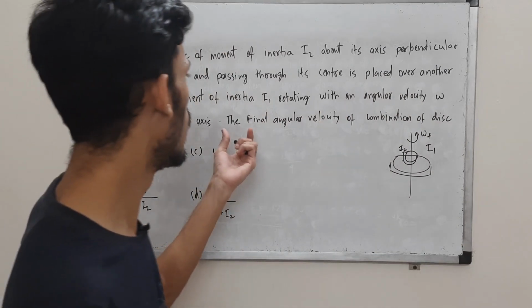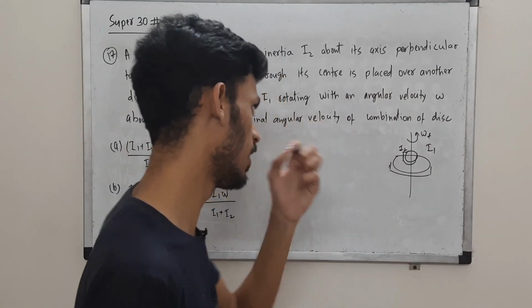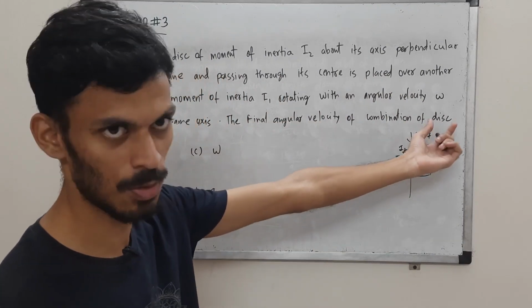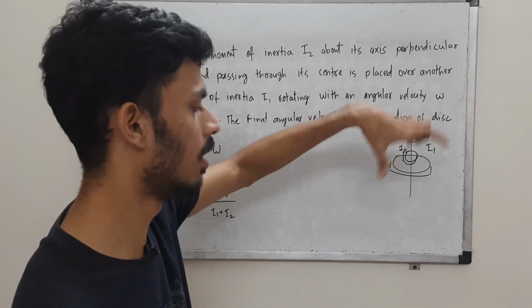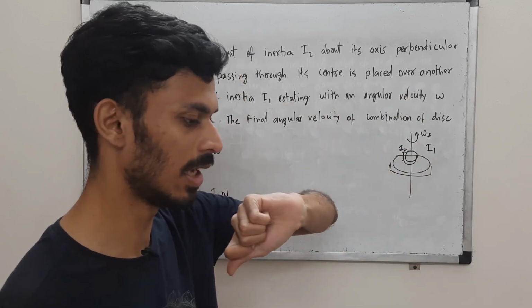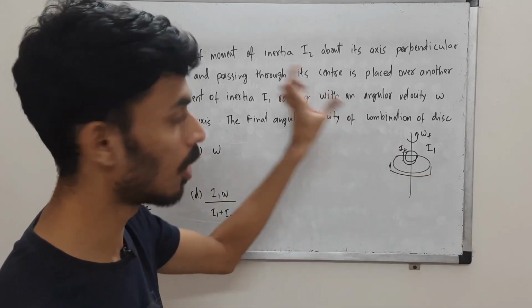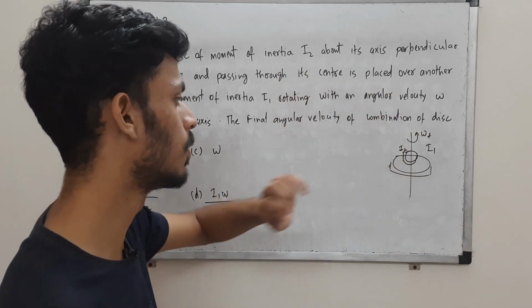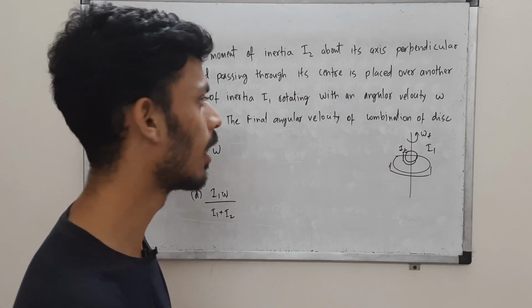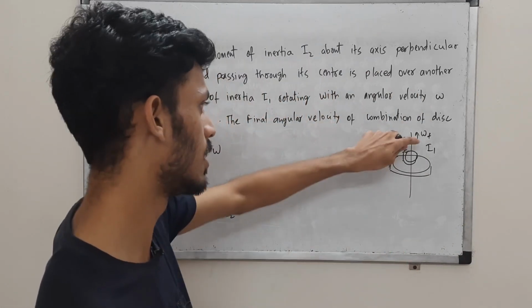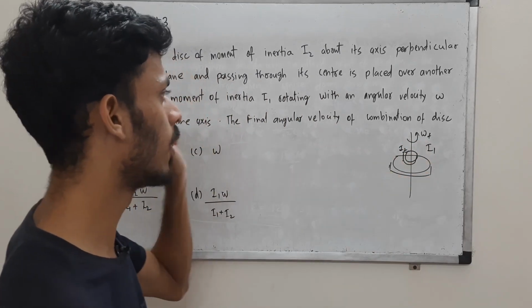You are supposed to report the final angular velocity of this combination of disks. Initially it was I1 with omega. Now you have introduced I2 without any external torque. That might give you a hint. It's not mentioned in the question, by the way. You are supposed to know that it is without any torque, right? When I2 is introduced, its angular velocity will change. What will that be?